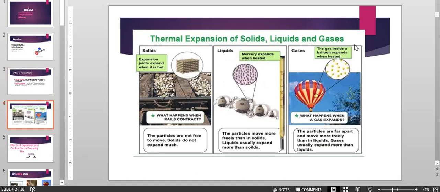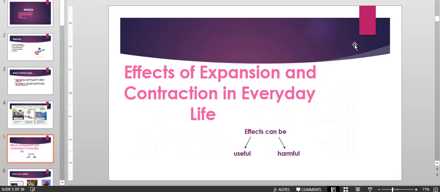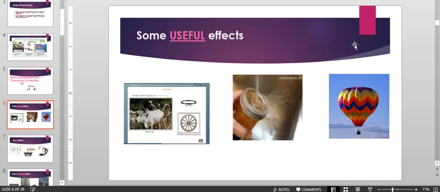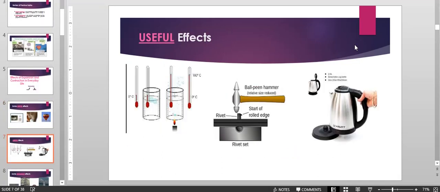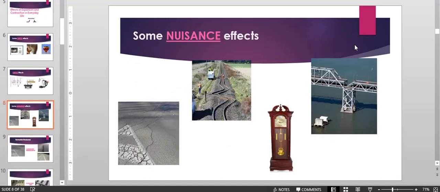Then we've put the light on the thermal expansion of solids, liquids, and gases, how they take place in these basic three states of matter. Then we have discussed the effects of expansion and contraction in everyday life, some of the useful effects, and some nuisance or harmful effects.